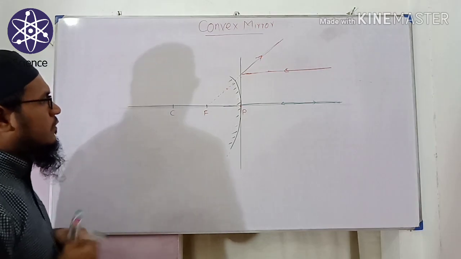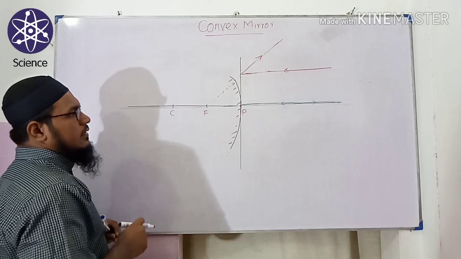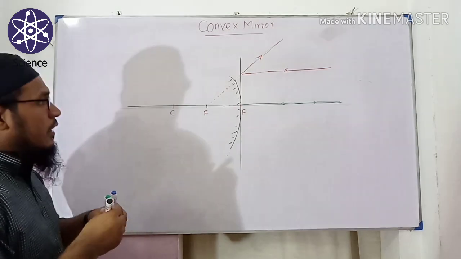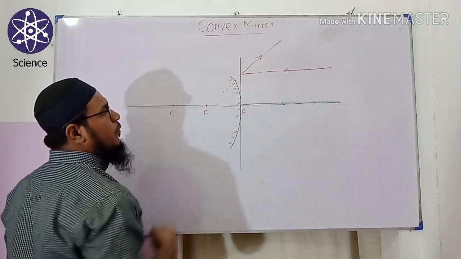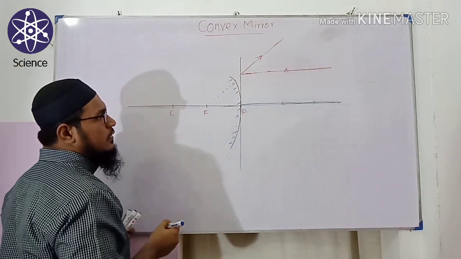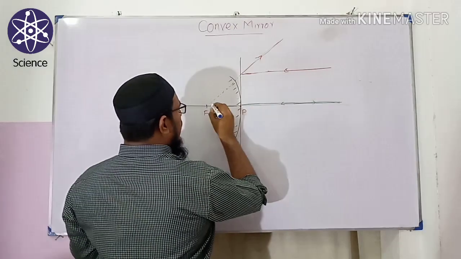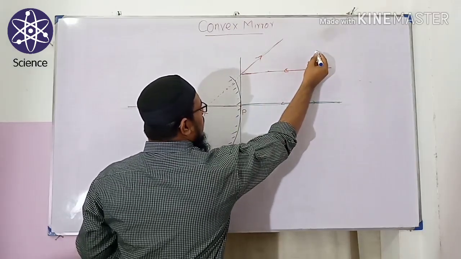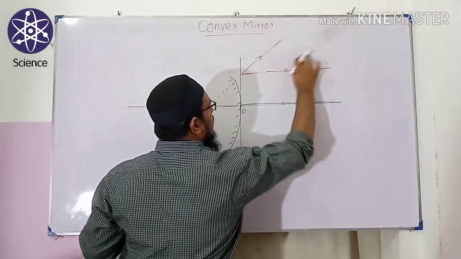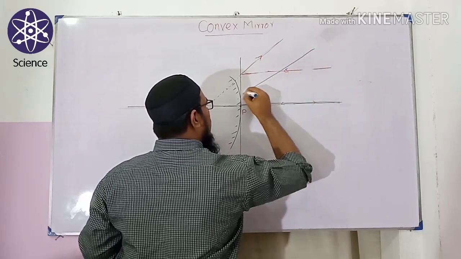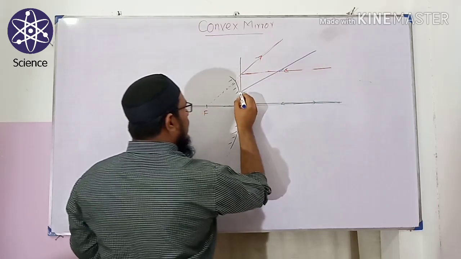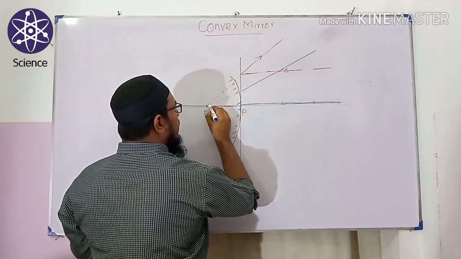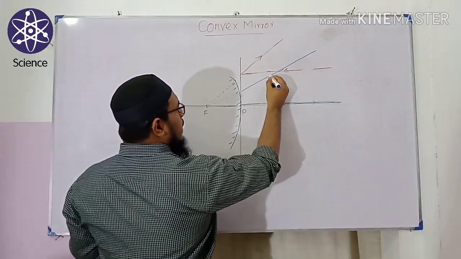The third theory says, if a ray comes towards the focal point, what happens to it? So we'll draw a ray which is coming towards the focal point. What happens to this ray?